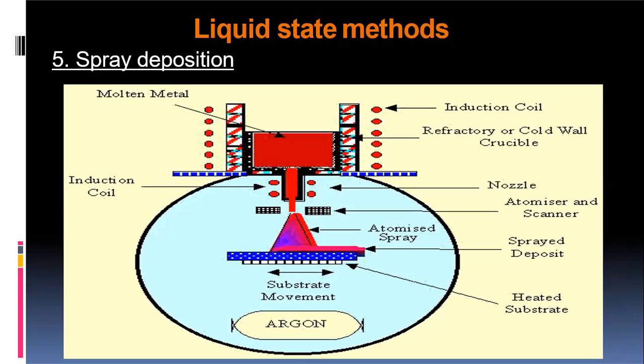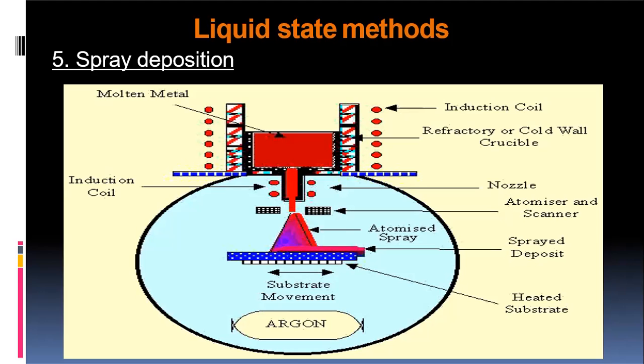Fifth one is the spray deposition. In spray deposition, the molten metal is directly pumped into the cold wall crucible through the induction coils, and then it is released through the nozzle and sent to the atomizer and scanner.